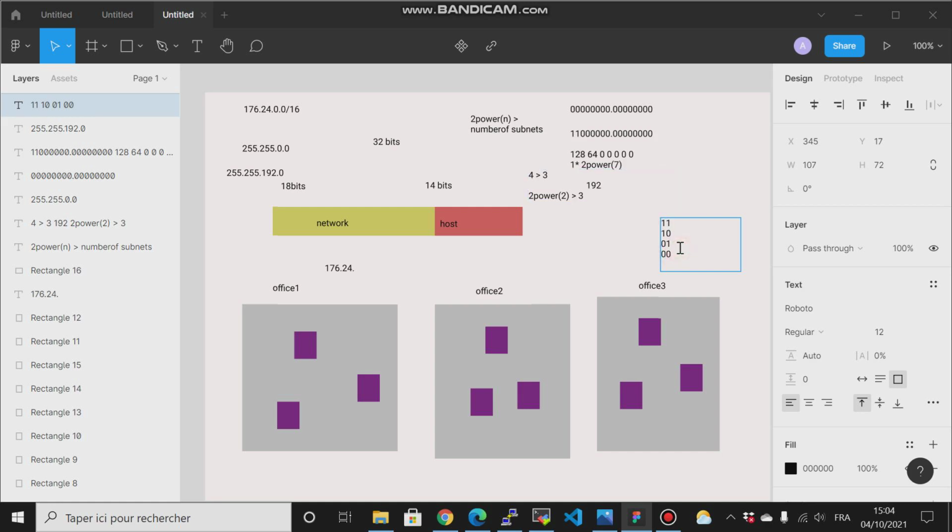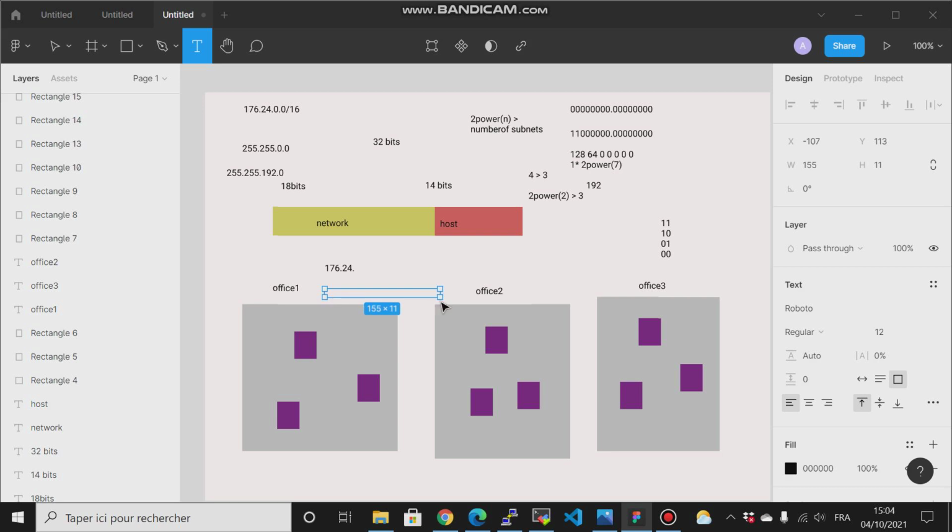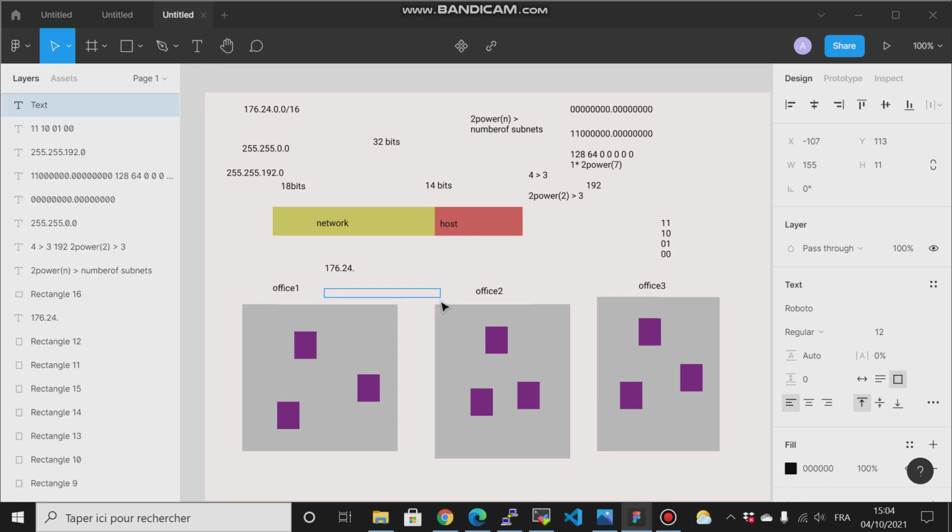So the first possibility is to have 0 0, and then the first IP address here will be 176.24.0.0, and then slash, and here we have to give the number of bits of the network. How many bits for the network portion? It is 18.